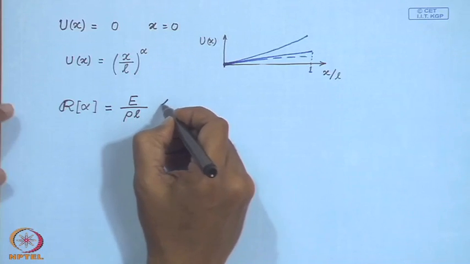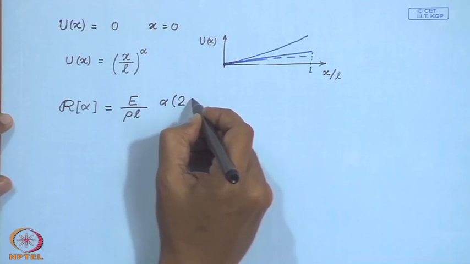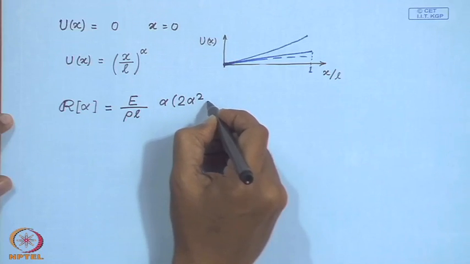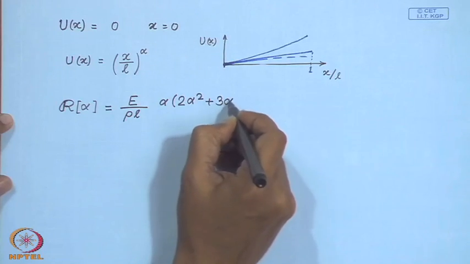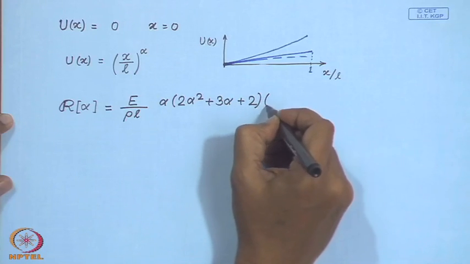This can be solved very easily, and what we obtain is this expression of the Rayleigh quotient.